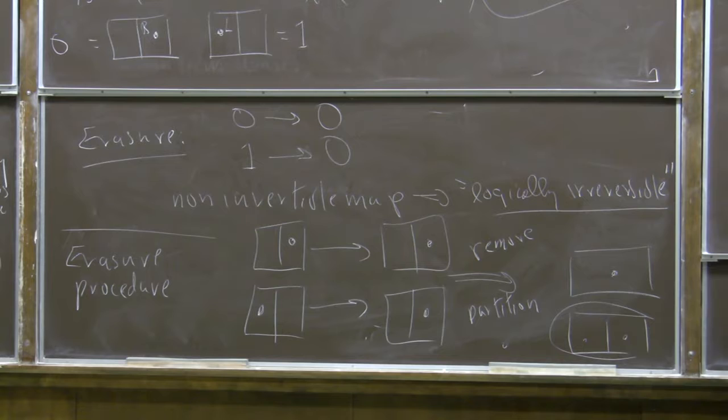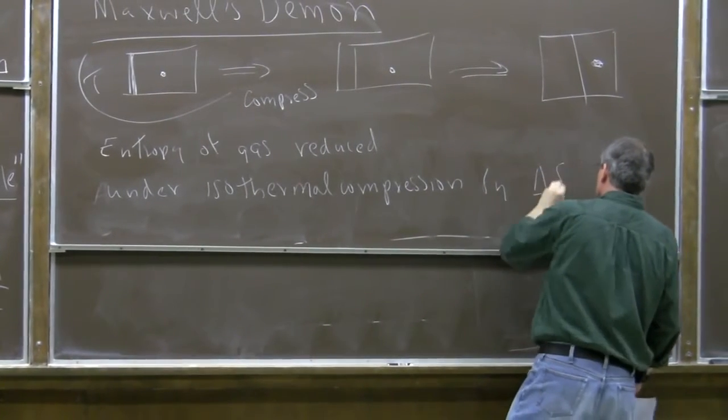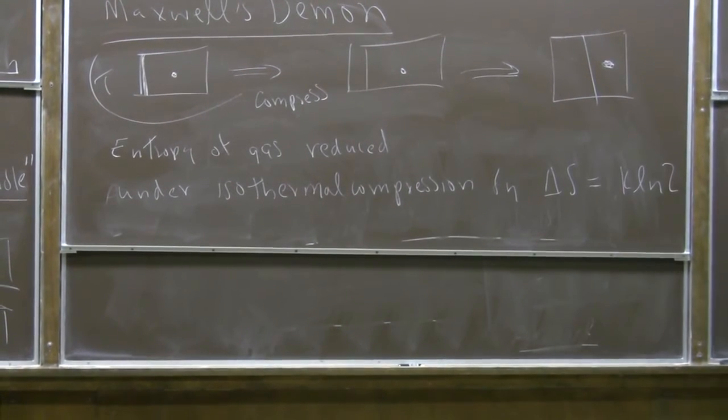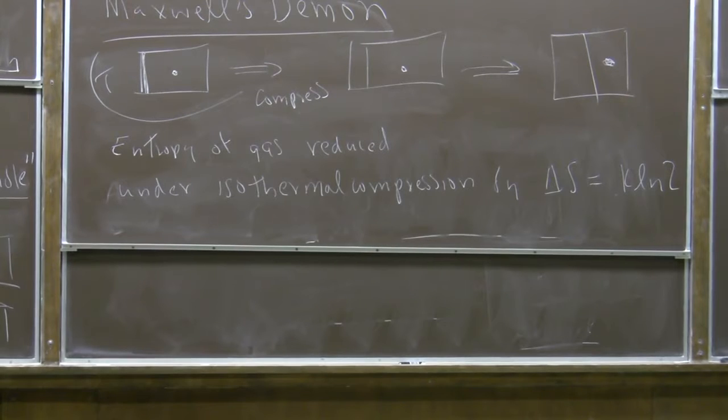So the entropy of the gas is reduced under isothermal compression by k log 2, because the final volume is half of the initial volume.